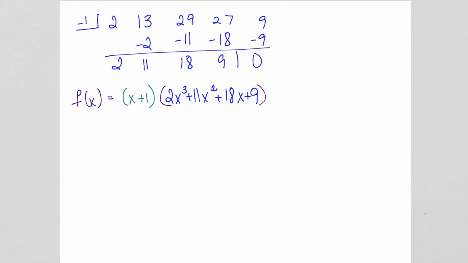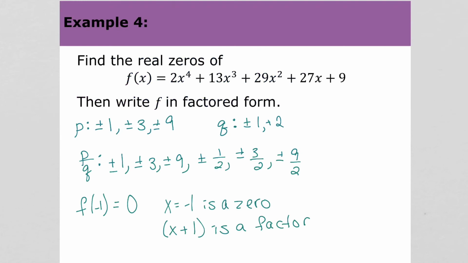We try, let's see, negative 1 worked. Let's try 1. When you plug in 1, you get 40. So 40 is not a 0, so 1 is not a 0, and we can't use it. So next is negative 3.